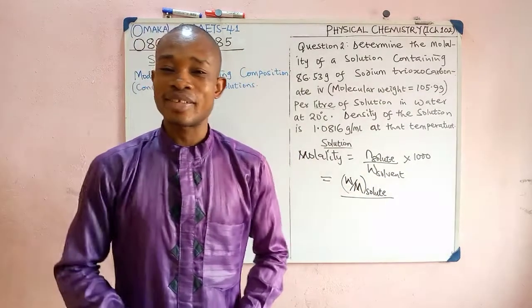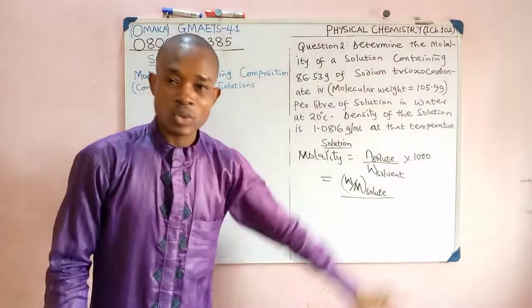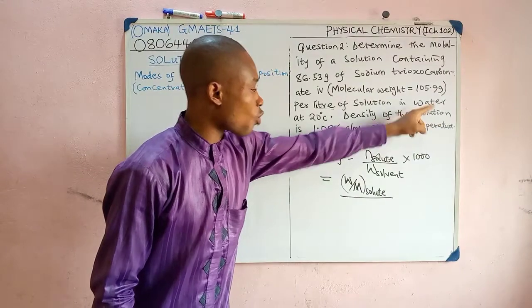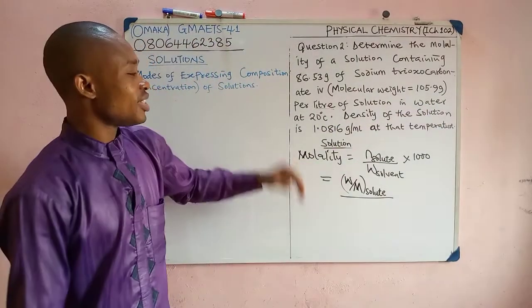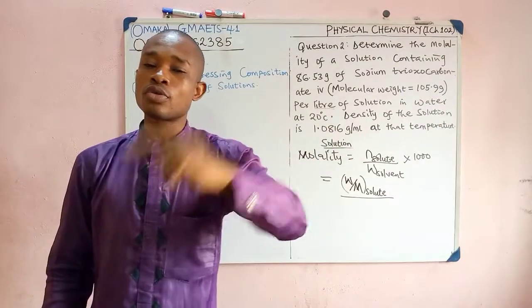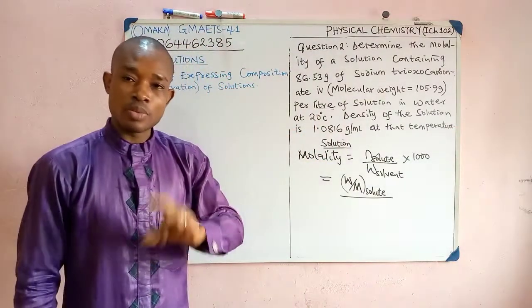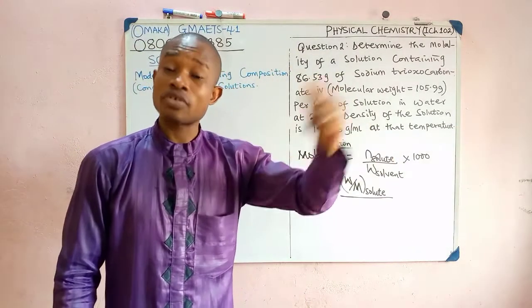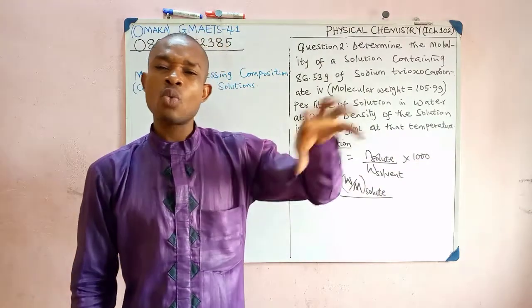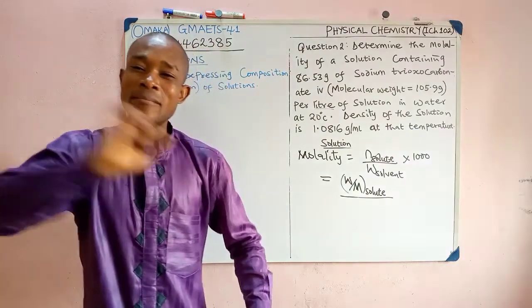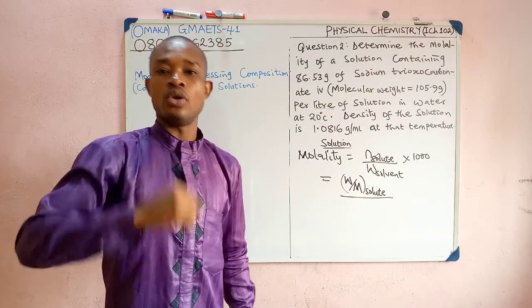How do we also get the weight of the solvent? Because it was not given to us. In fact, to get the weight of the solvent, the weight of water, all you need to know is that solution is equal to solute plus solvent. So weight of solution will be equal to weight of solute plus weight of solvent. Which means if I want to get weight of solvent from there, it's going to be weight of solution minus weight of solute.